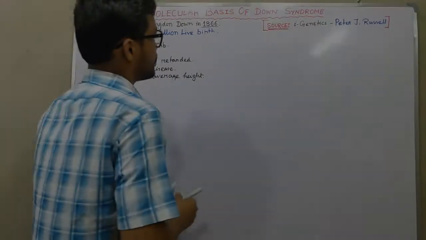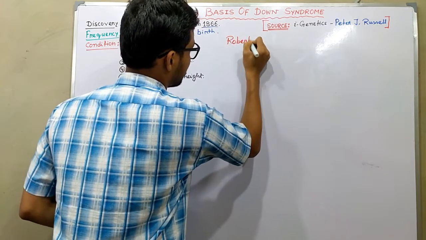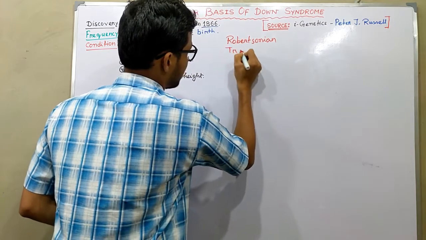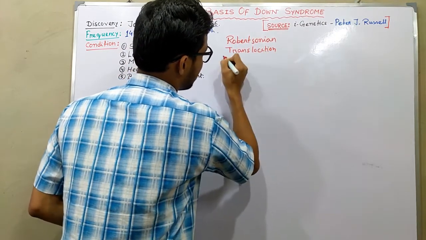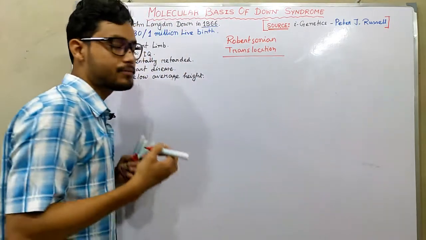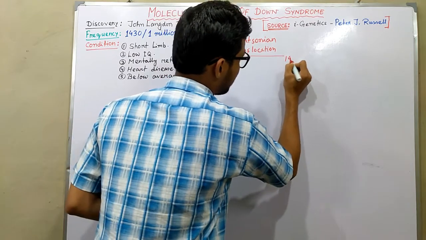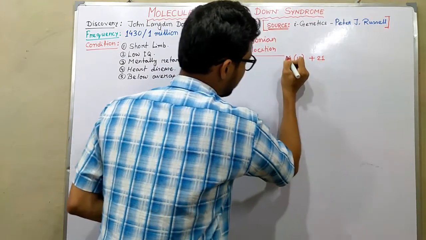So in case of Robertsonian translocation, here we particularly observe exchange of a segment of chromosome between chromosome number 14 or chromosome number 15 with chromosome number 21.